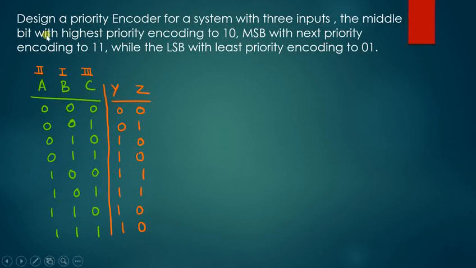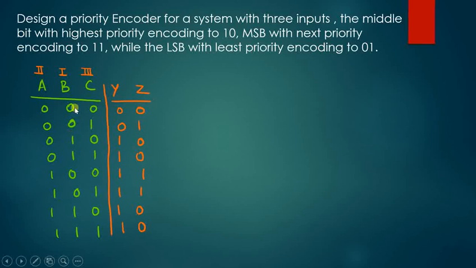The middle bit with highest priority. So I am having this middle bit B, which I have numbered as 1 to show that it is having the highest priority. And this middle bit with highest priority will be encoded to 1 0.